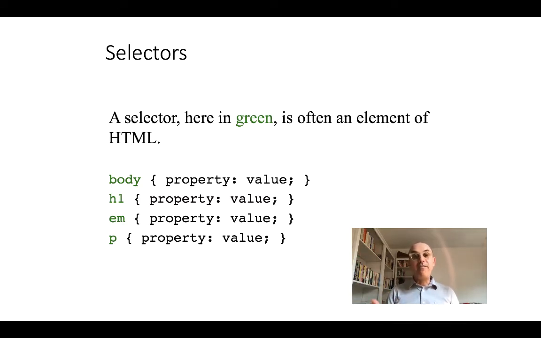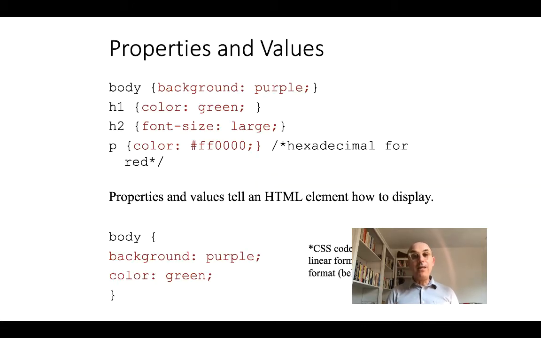Or paragraph, P. Those are the things that you need to apply, along with the properties and the values. You can use text to define a color, for example purple or green, or you can use the HTML color number index. It's up to you to decide which one works best for you.